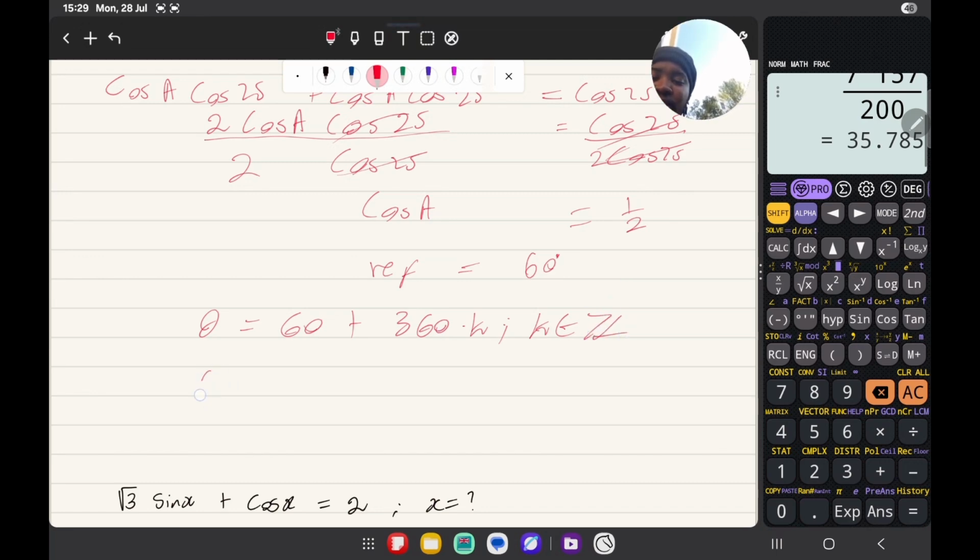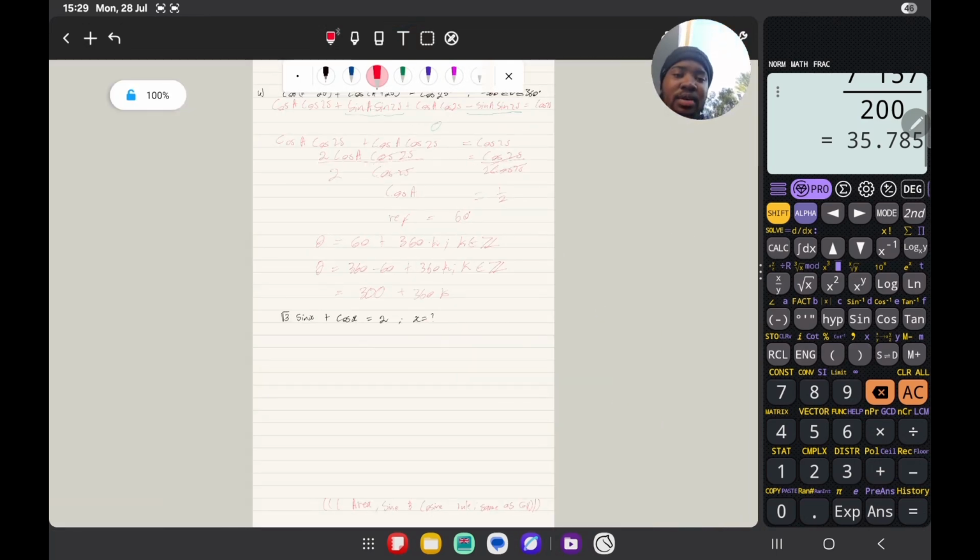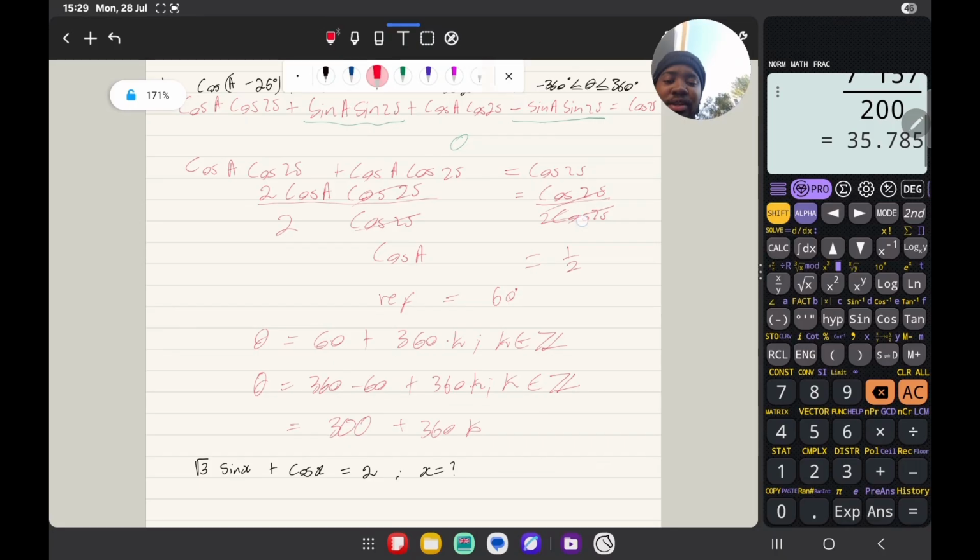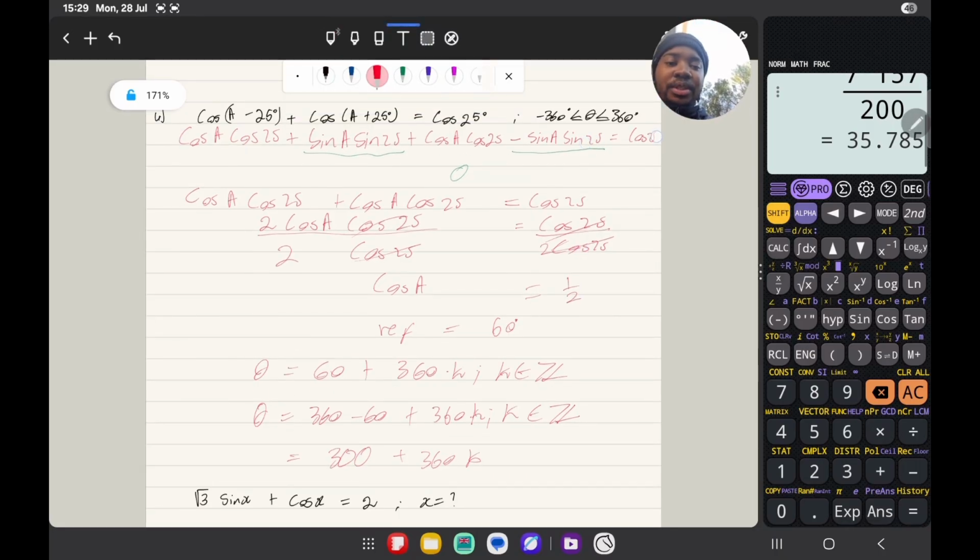And then in the fourth quadrant, you will have theta equals 360 minus 60 plus 360k, where k is an element of integers. Therefore you have 300 plus 360k. So now they gave us an interval there, so therefore it's not going to be a general solution here.